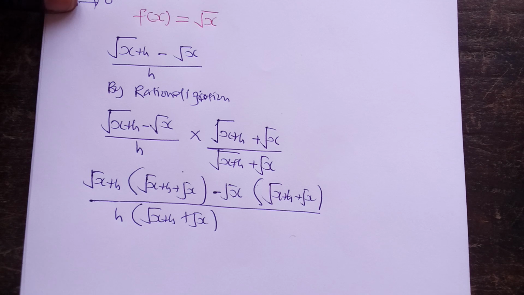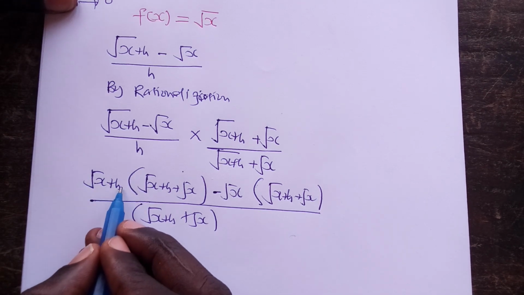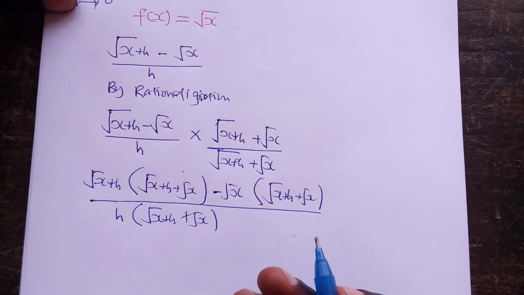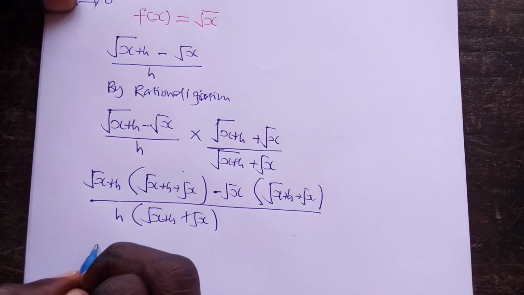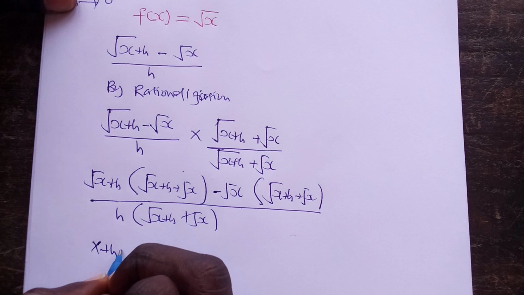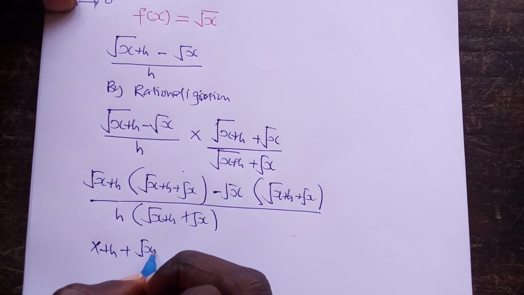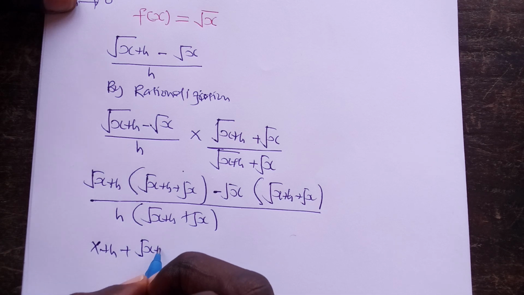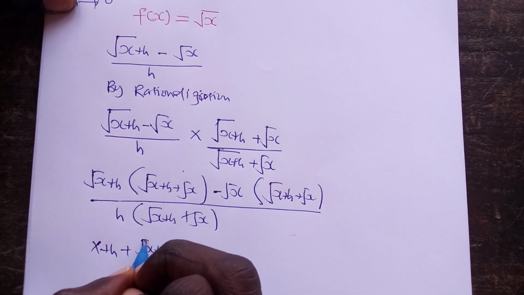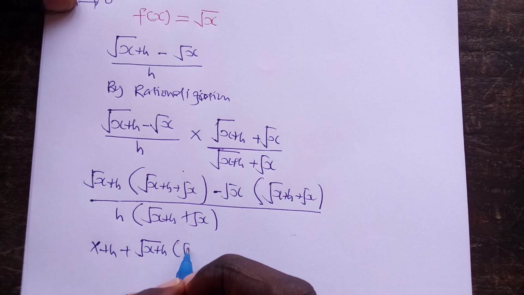It continues. Now if you are multiplying root of x plus h by root of x plus h, they are the same, and the rule states that if you are multiplying the same root, just take what is inside the square root. That is, we just take x plus h, plus root x times root of x plus h, this one giving you root of x plus h into root x.